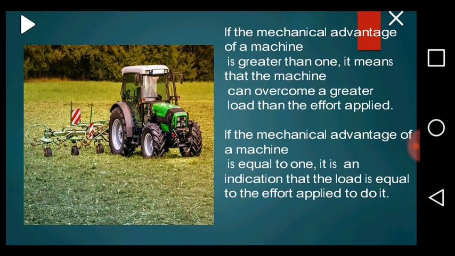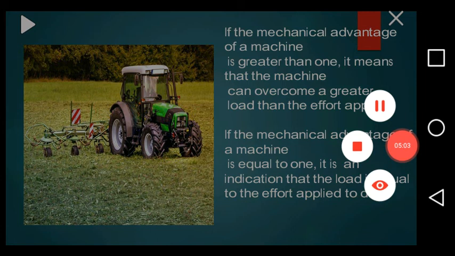Which means that the MA, the mechanical advantage, over the VR, the velocity ratio, times 100 over 1, will give us the efficiency of the machine.